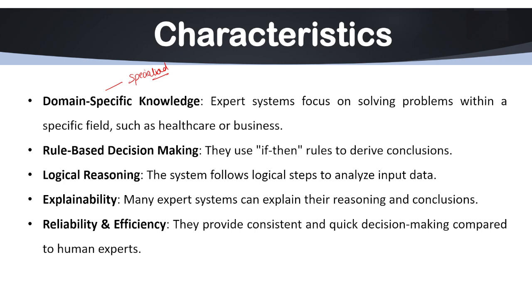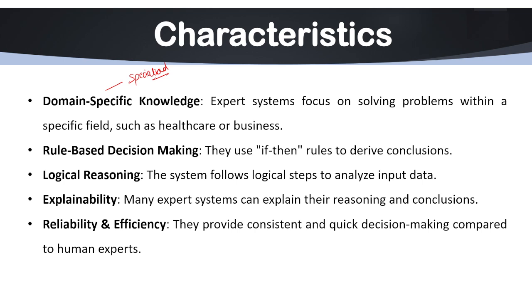Unlike general AI, which can process broad information, domain specific AI focuses on solving specific problems by leveraging expert knowledge, data and algorithms related to that particular domain, that particular field only.